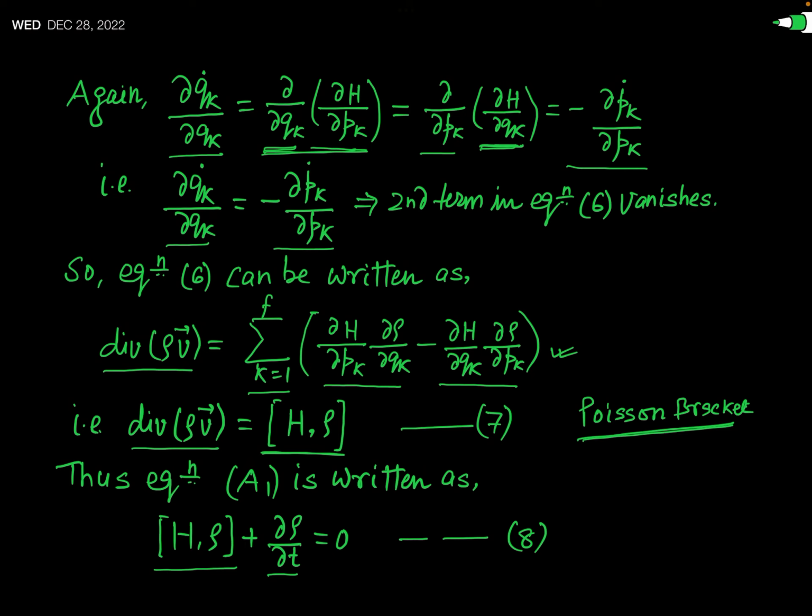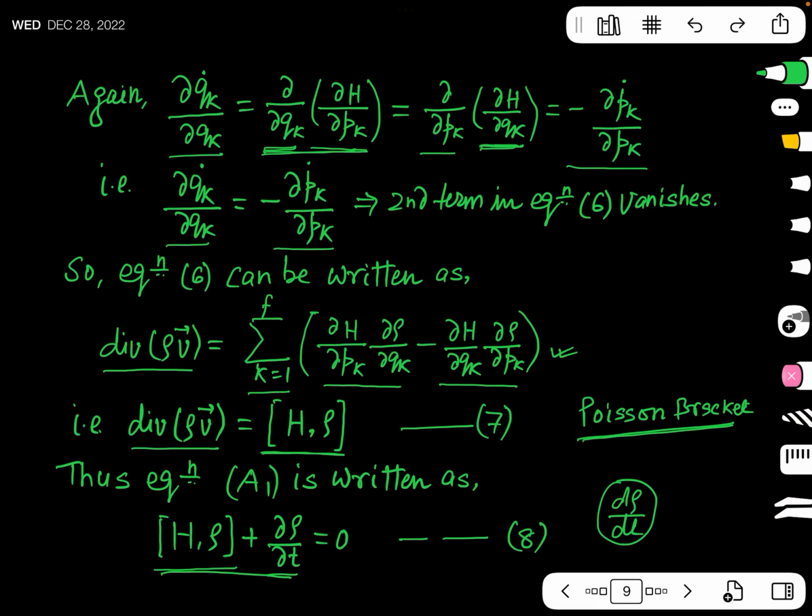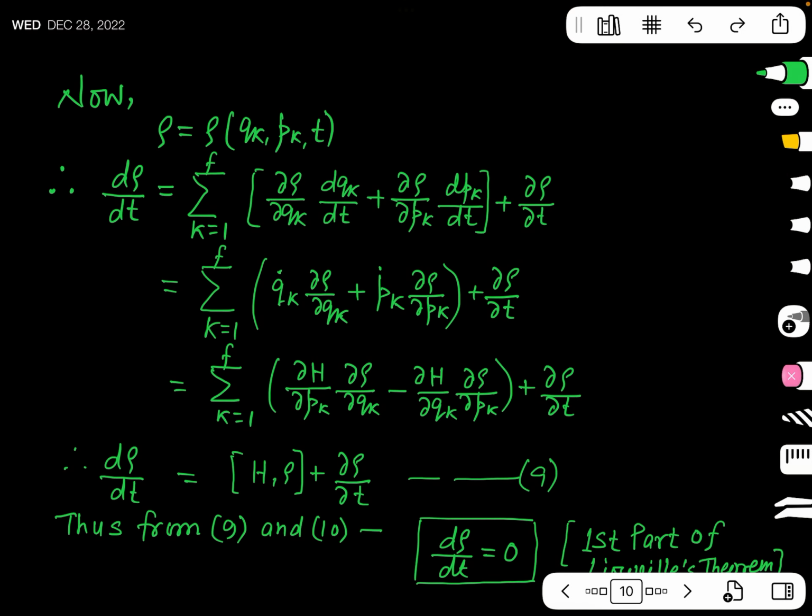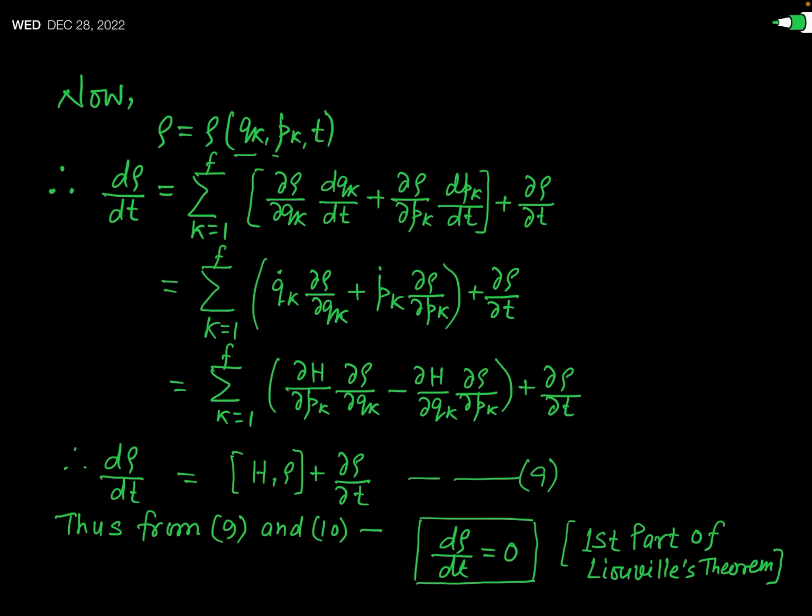Now we will see by further calculation that the LHS of this equation will be equal to dρ/dt. But how is it equal to dρ/dt? You can see. As you have learnt earlier in the previous lecture, the density distribution function ρ is in general a function of qk, pk and t.